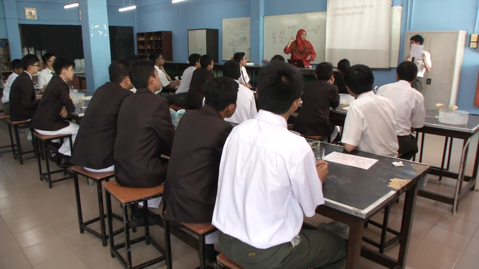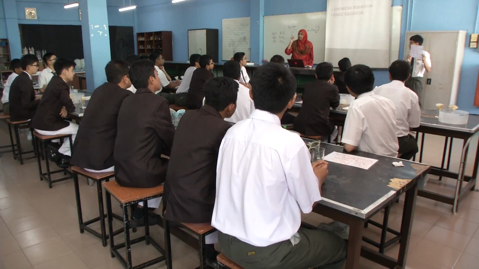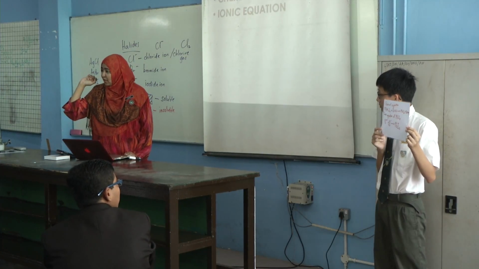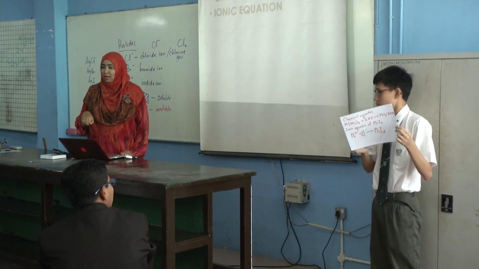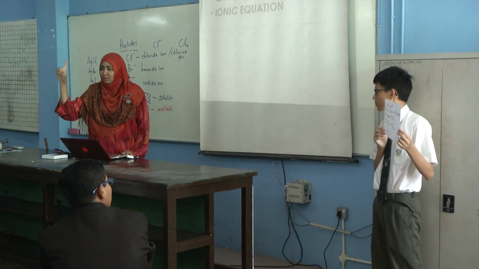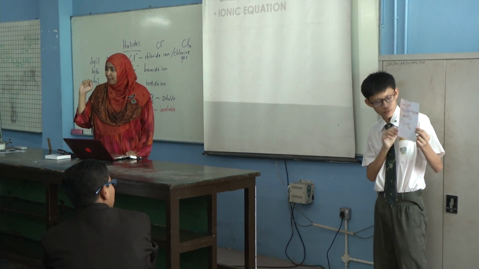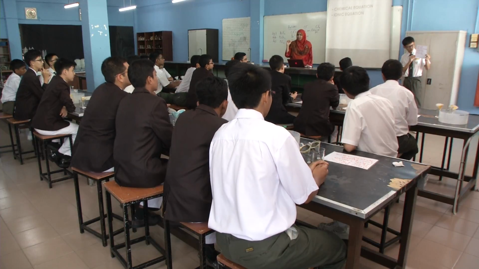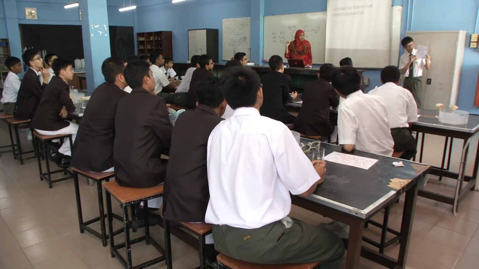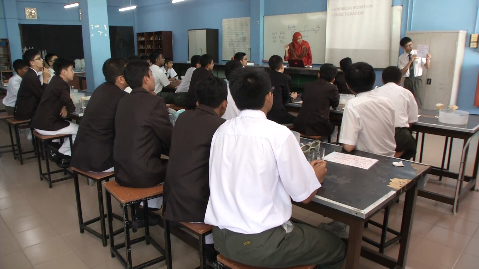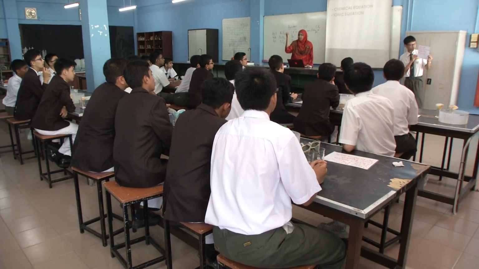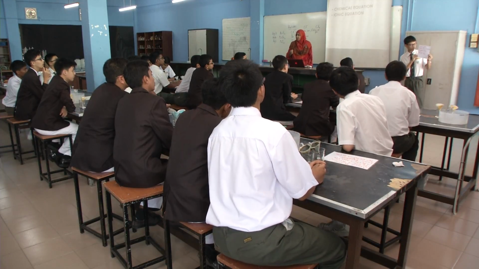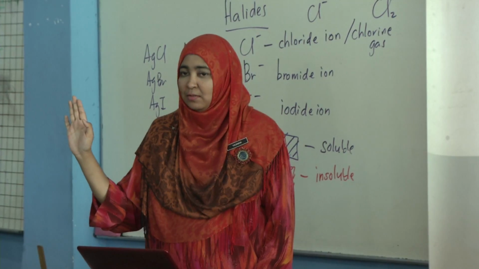Okay, but there's one slight mistake. The balancing is correct. Okay, the number of atoms is correct. But there's one slight mistake. Who can locate that? It's at the first compound. Nothing to do with the balancing.